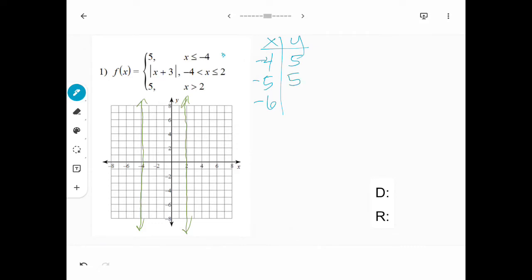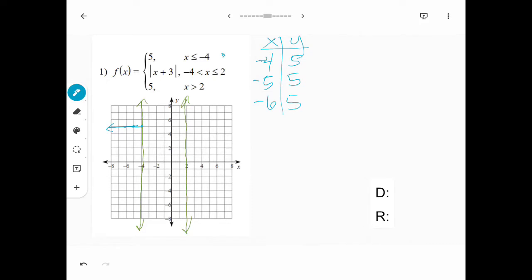At -5, it's 5, and at -6, it's 5. What this will give me is a horizontal line at 5. Do remember to think about if it should be open or closed, because this is equal to, it's going to be closed on the line, and then it's this horizontal line going off to the left.